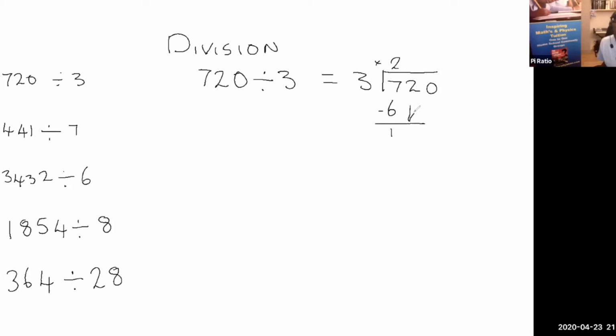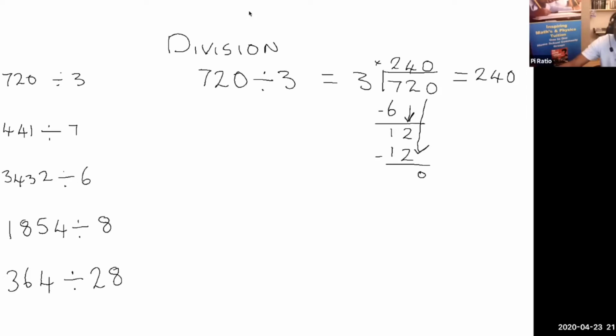You bring down the 2. 3 into 12 goes 4. 4 times 3 will give you 12. Draw the line, minus, bring down the 0. 3 into 0 doesn't go. So the answer is 240. So that is how you do the first one.